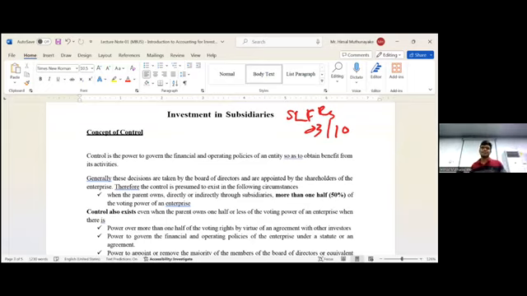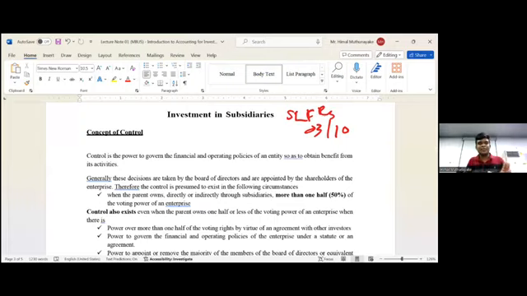So before moving to the consolidation accounts, the primary job is to decide whether this company is your subsidiary company, your associate company, your joint venture company, or some other kind of investment. You need to decide these things.